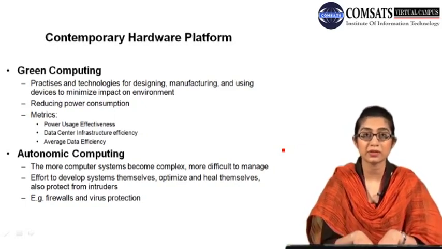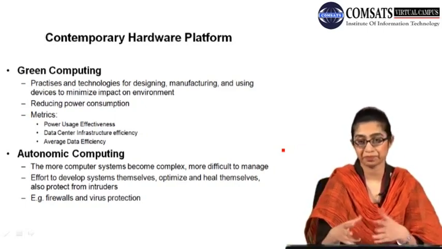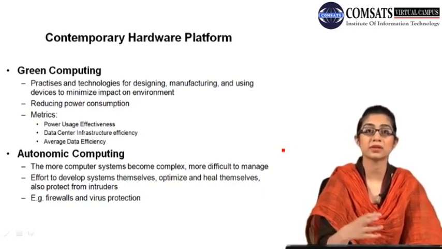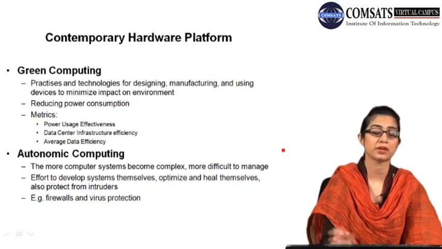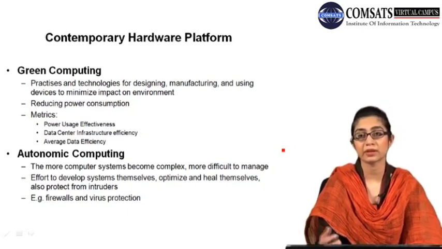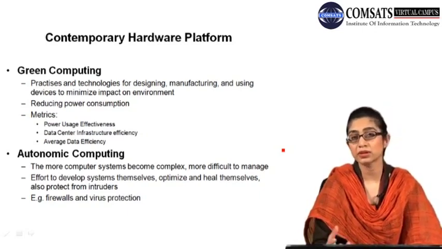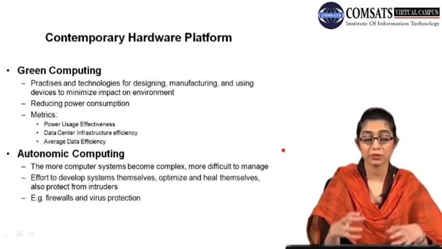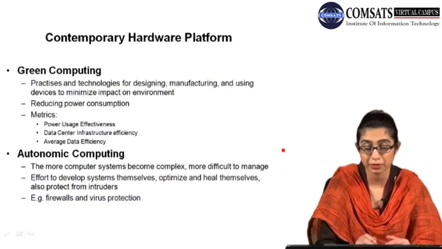So it checks for the viruses, it checks for any kind of malicious softwares, and either it prompts or if अगर आपने इसको program इस तरह किया हुआ है कि वो सिर्फ उनको quarantine कर दे या खुद kill कर दे. So these kind of softwares are used for the protection of the computer. So this is one example of the autonomic computing.